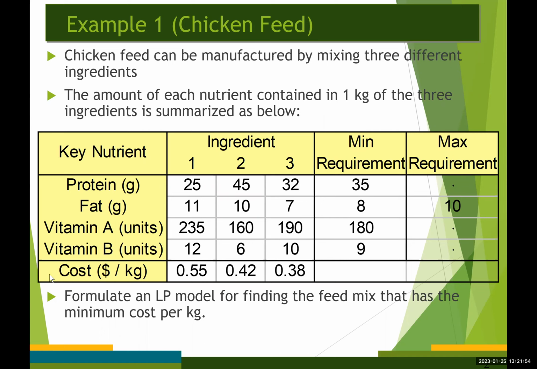If you look at the bottom row, the cost per kilogram of each ingredient is 55 cents, 42 cents, and 38 cents respectively, right? And each kilogram of the feed must contain at least 35 grams of protein, a minimum of 8 grams and also a maximum of 10 grams of fat, and at least 180 units of vitamin A and 9 units of vitamin B, right?